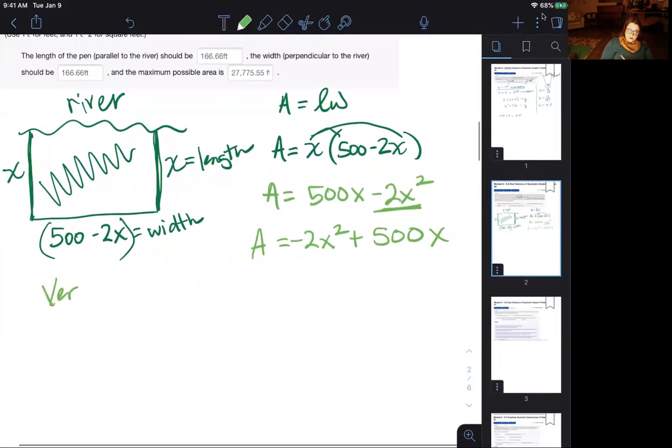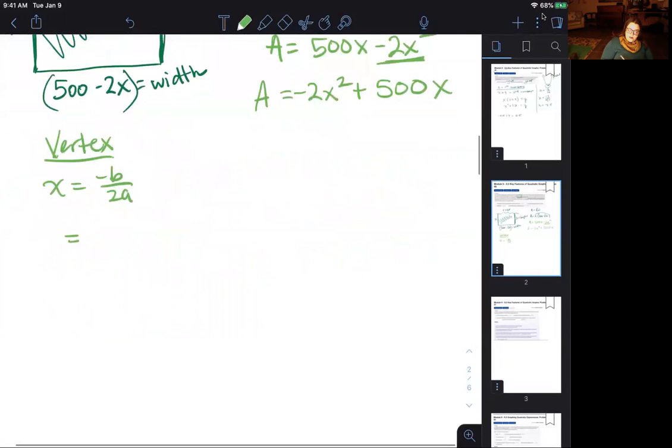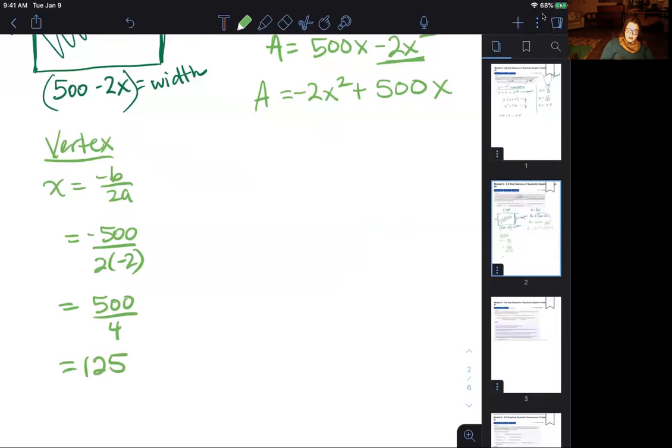So to find the vertex, we're going to go x equals negative b over 2a. Now we have negative 500 over 2 times negative 2. A negative divided by a negative is a positive. We have 500 divided by 4, which is where we get the 125.